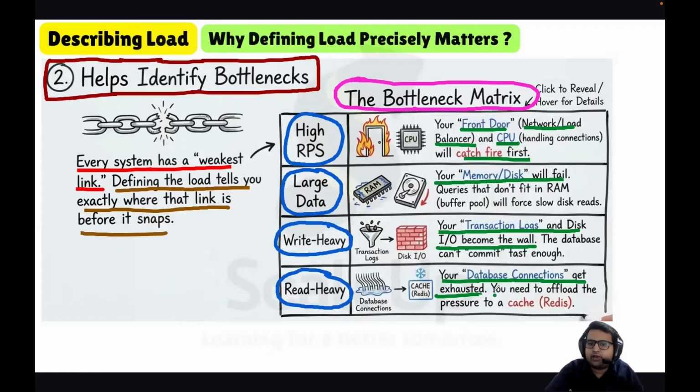In that scenario, you need to offload the pressure to a cache, like Redis, or you have to use some CDNs. So if we define the load precisely, we will be able to identify the weakest link in the system and we can act upon it. That is how defining load precisely helps identify the bottlenecks.